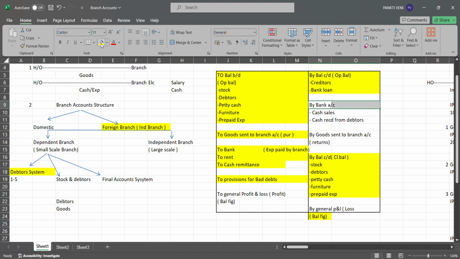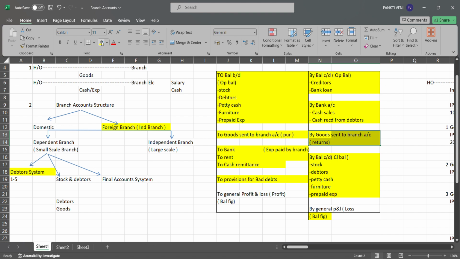Now I have the sales account. The branch has received cash sales and has received money from debtors, so I am getting that amount, the bank amount, from the branch to the head office. So we have cash sales, cash received from debtors, and goods sent to branch account.